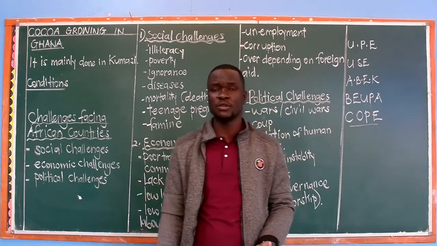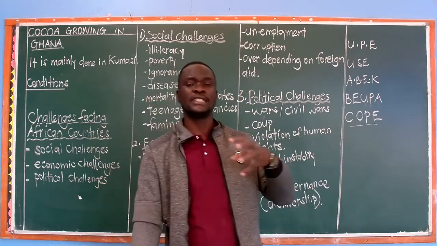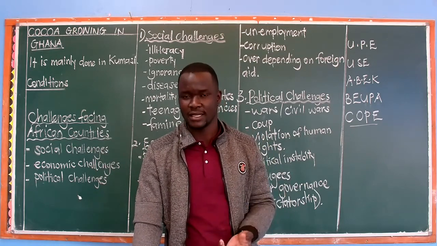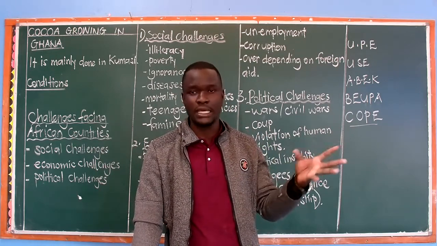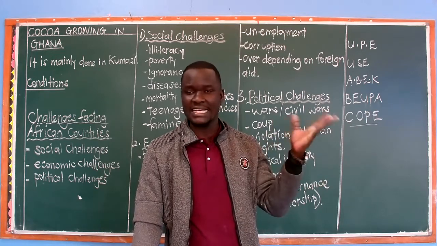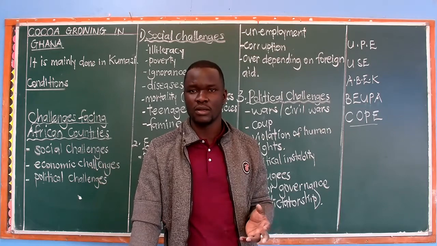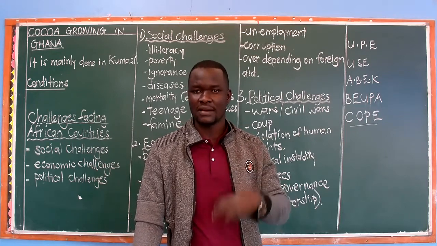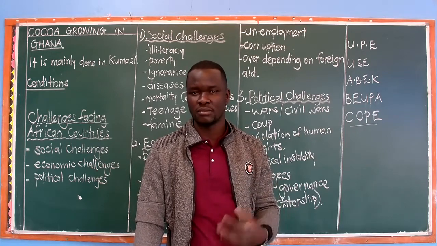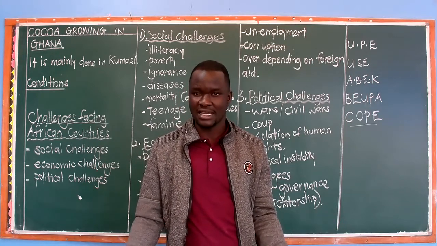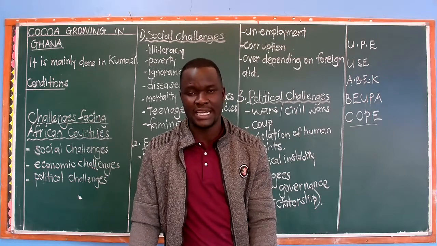And then sometimes you find that some people take lifestyles which are very dangerous to their health, like smoking, being a drug addict. At the end of it all, these substances we take affect our internal organs. And at the end of it all, tuberculosis, cancer, lung cancer, one dies.